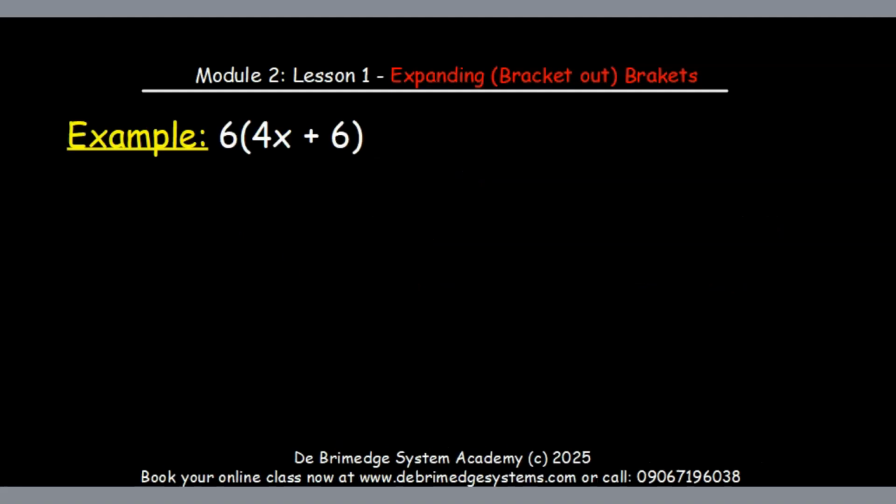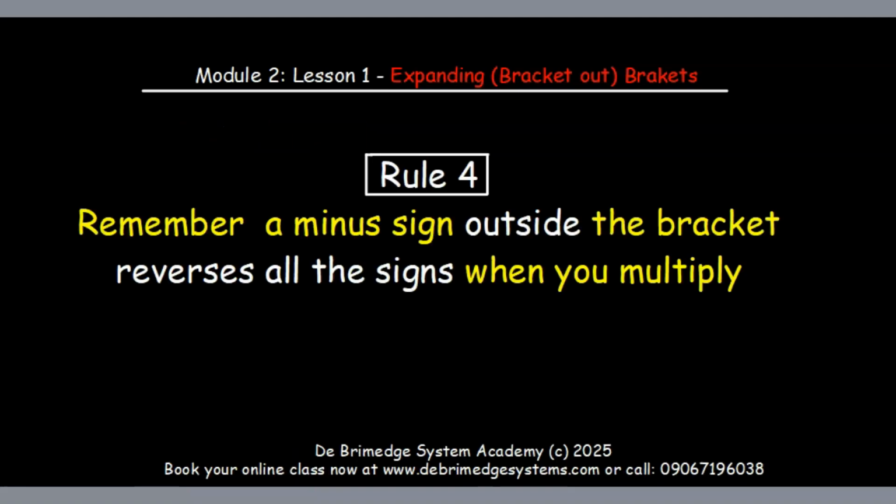By this, we mean if I have minus 3 into (k plus 4), remember that the sign for the k is a positive sign. So what this means is that once a minus sign multiplies anything inside, the sign reverses.